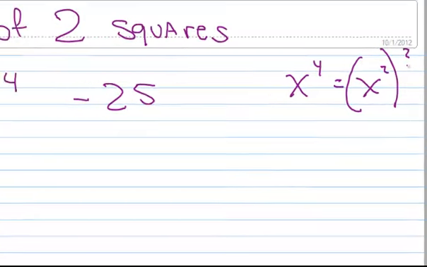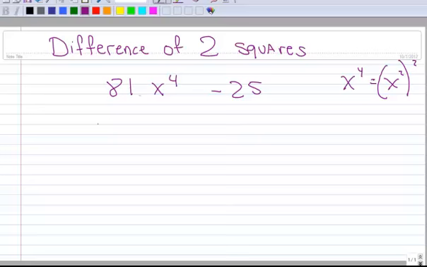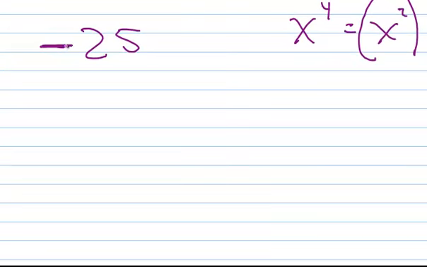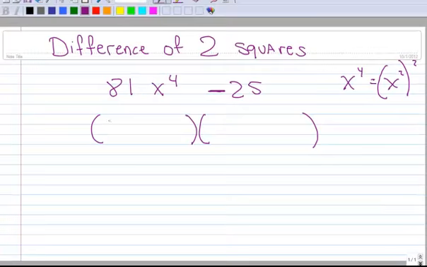It's x squared squared. So when I figure out that I can use the difference of two squares, and by the way, difference means subtraction, the way I do this is I start by writing my two empty binomial brackets, and then I say 81. What's the square root of 81? That's a 9. So this one gets a 9, this one gets a 9.